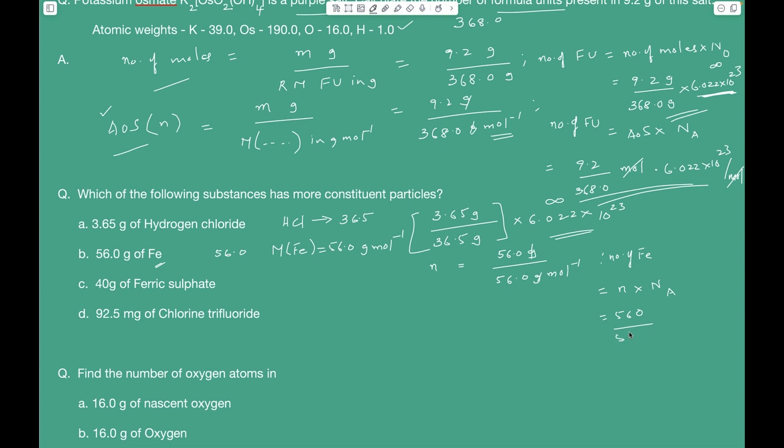So it would be 56.0 over 56.0 mole multiplied with Avogadro's constant, which is 6.022 into 10 to the power of 23 per mole. Don't forget that. So cancel these two and simplify it. I will let you do the math for the remaining two, and to answer this question, compare all these four values. I think you can do that.